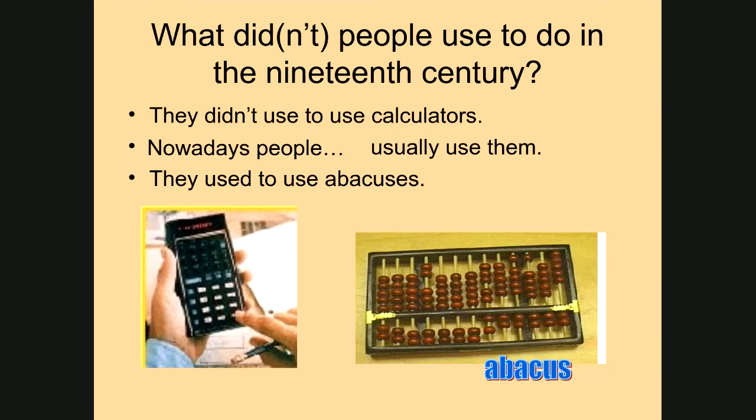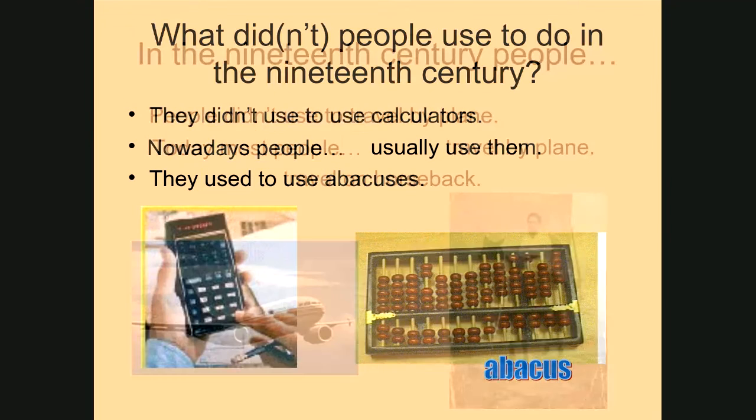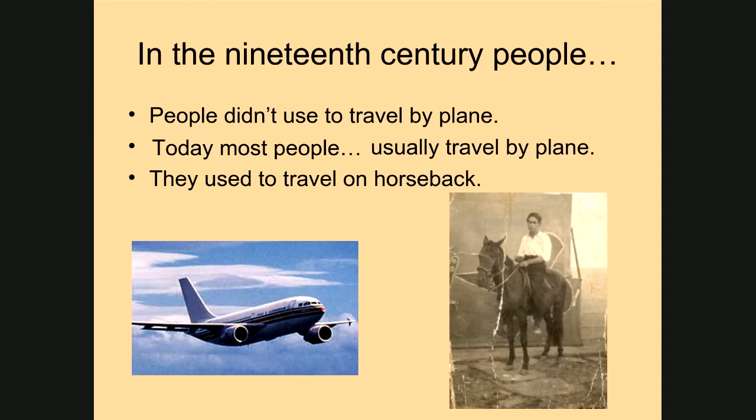They didn't use to use calculators. Nowadays, people usually use them. They used to use abacuses. In the 19th century, people didn't use to travel by plane. Today, most people usually travel by plane.